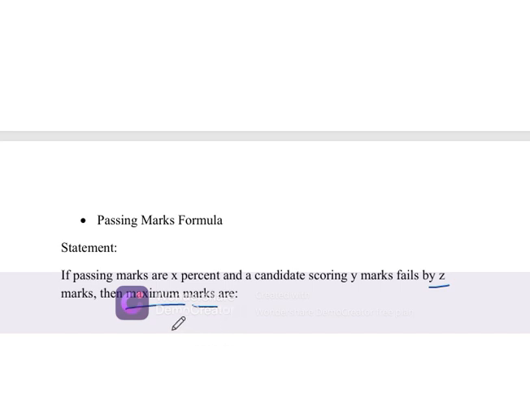No need to do any calculations, simply use the formula 100 multiplied by the sum of Y marks and Z marks by which he was short, divided by the passing percentage, which is X. If you use this formula, you will simply get the maximum marks for the exam. I repeat, here X is the passing percentage, Y are the marks obtained by the student, and Z marks are the marks he was short with. He was failing by Z marks.